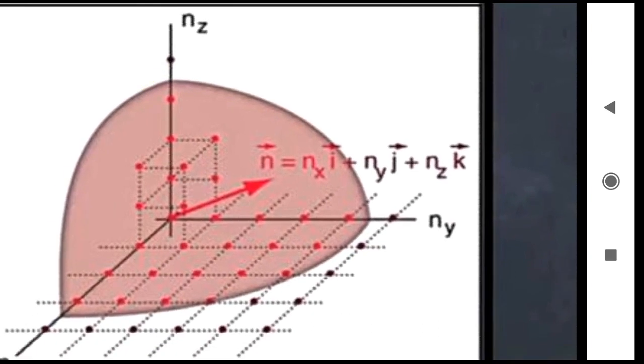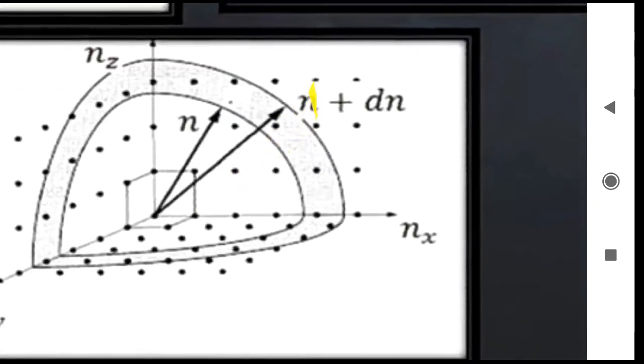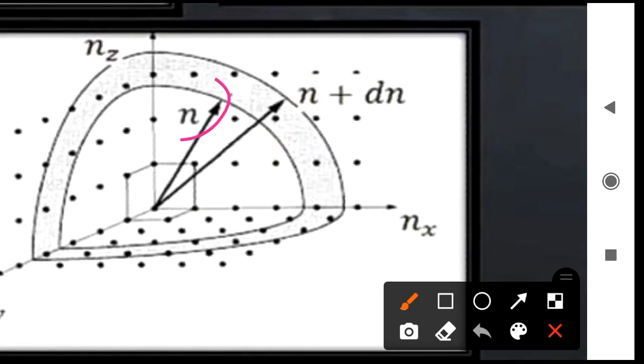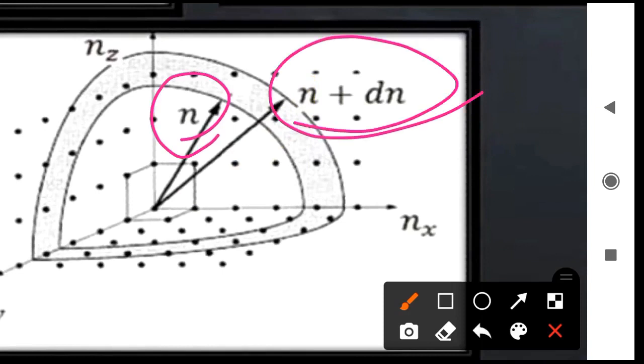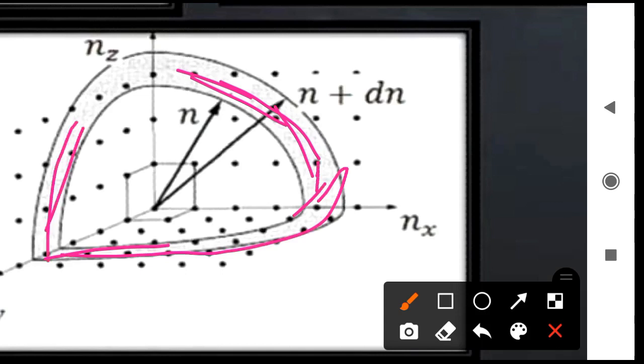It looks like an octant. Now I take a sphere of radius n, and then I take a sphere of radius n plus dn. Okay. Fine. Now I take this portion between them. We will discuss this portion.